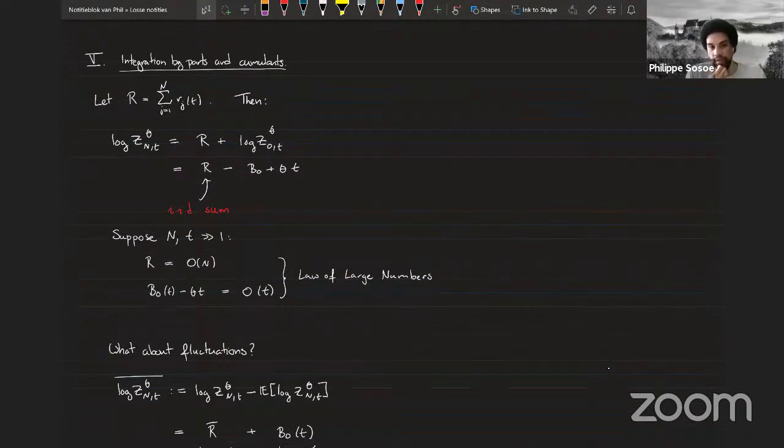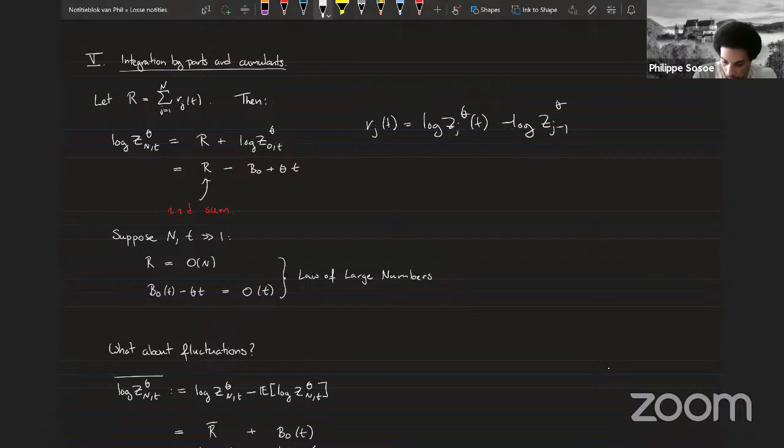So let's talk about this. What are the consequences of this stationarity? First, for notational convenience, I'm going to denote by capital R the sum of the Rj's. Remember, Rj was log of Z_j(theta, t), so I'm looking at the polymer partition function for size j, and from its log I subtract the log of the polymer partition function of size j minus 1, in this stationary setting.